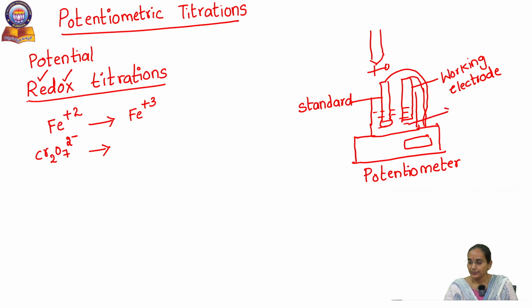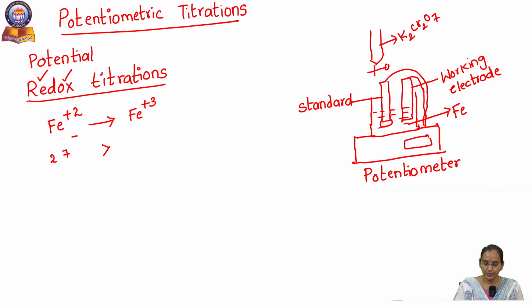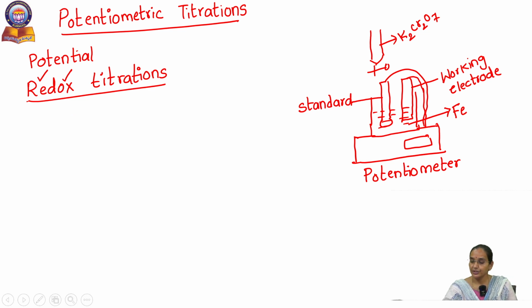Here iron solution is taken in the beaker, and potassium dichromate is taken in the burette. With the addition of potassium dichromate to the ferrous solution, the ferrous ion will be converted into ferric ion. So there will be a change in the potential with the addition of potassium dichromate to the iron solution.